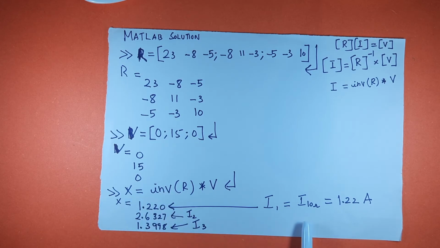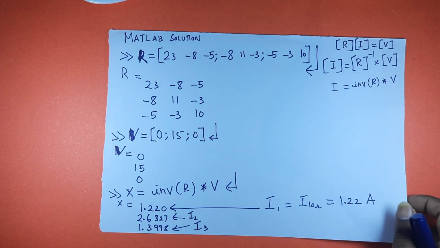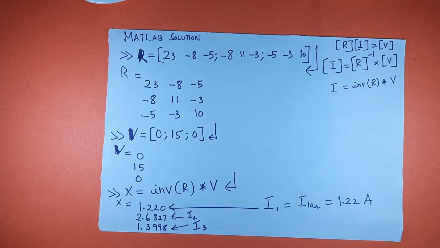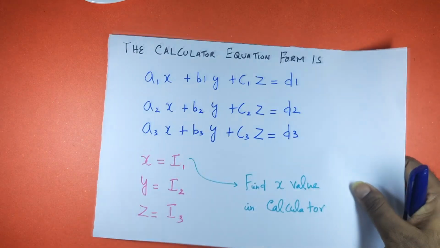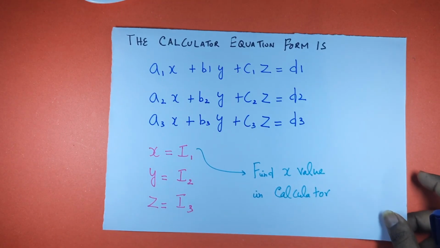I1 is nothing but the current through the 10 ohm resistor, which is 1.22. So I got this through MATLAB software, because most of the colleges use MATLAB in their syllabus. But in the examination you have to use a calculator. You cannot use MATLAB.